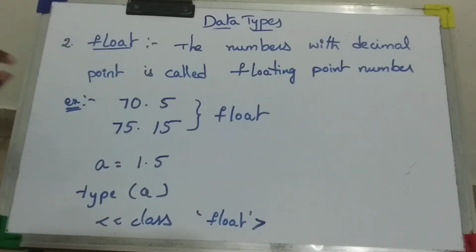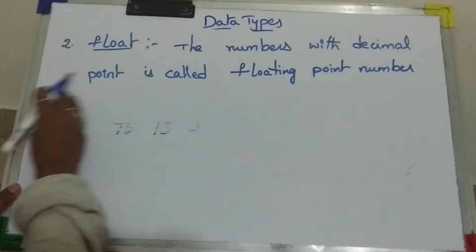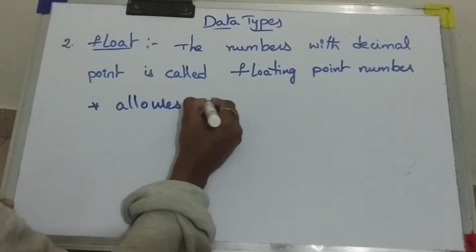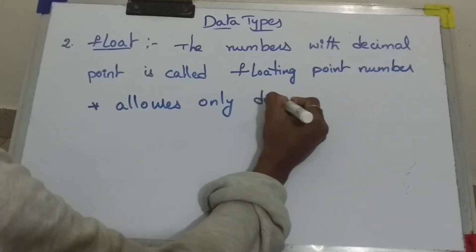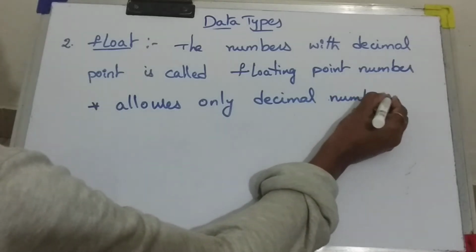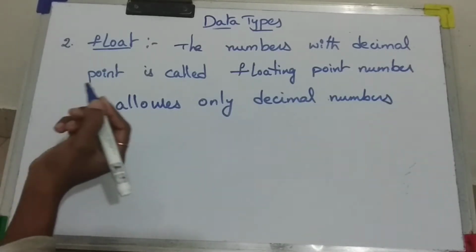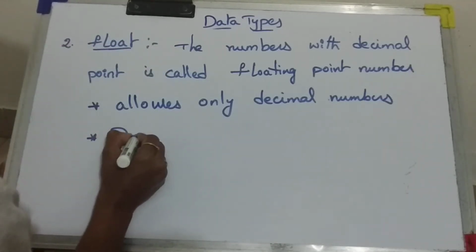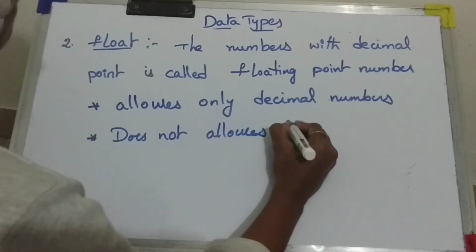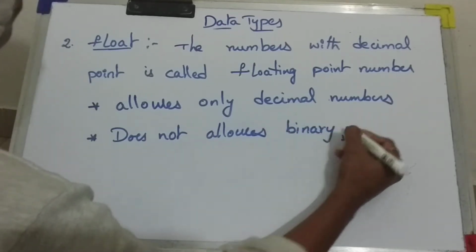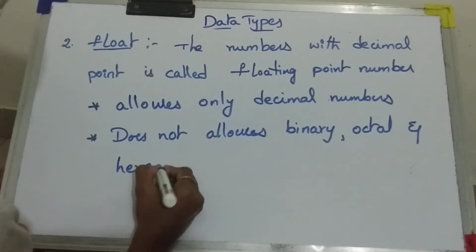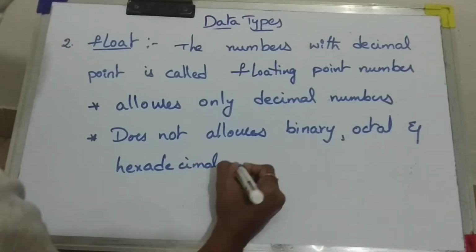Float allows only decimal numbers. It does not allow binary, octal and hexadecimal numbers.